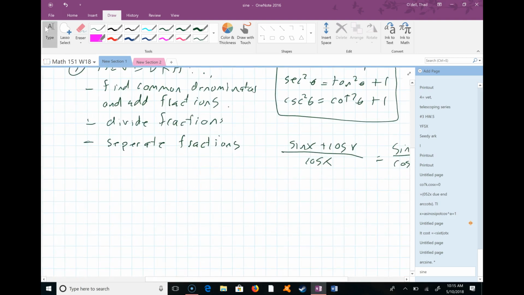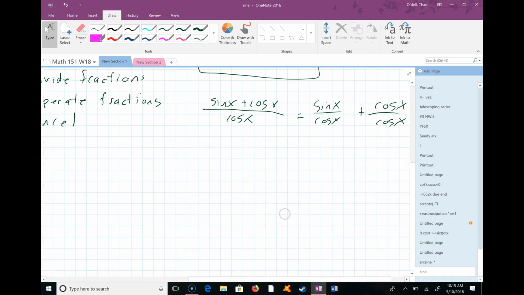What else could I do? I could also cancel, but make sure you don't do any bad canceling. In other words, if I have sine of x times cosine of x over cosine of x, that's a case where I can cancel, right? Because cosine is a factor of top and bottom.